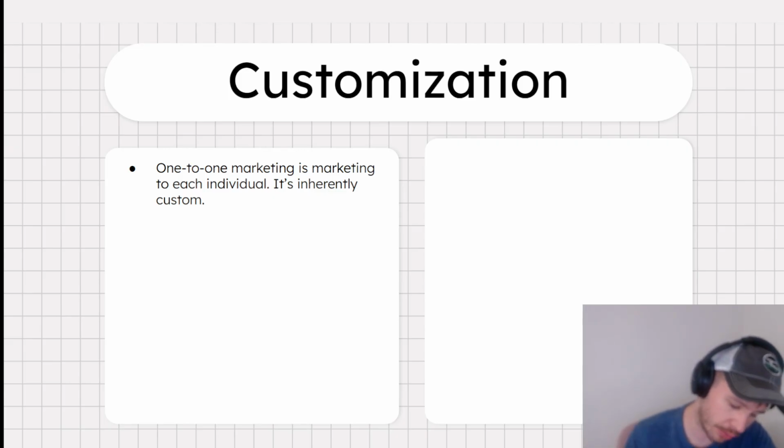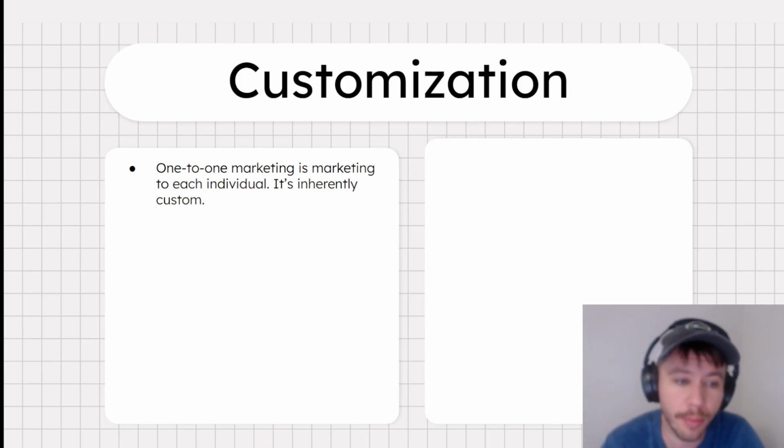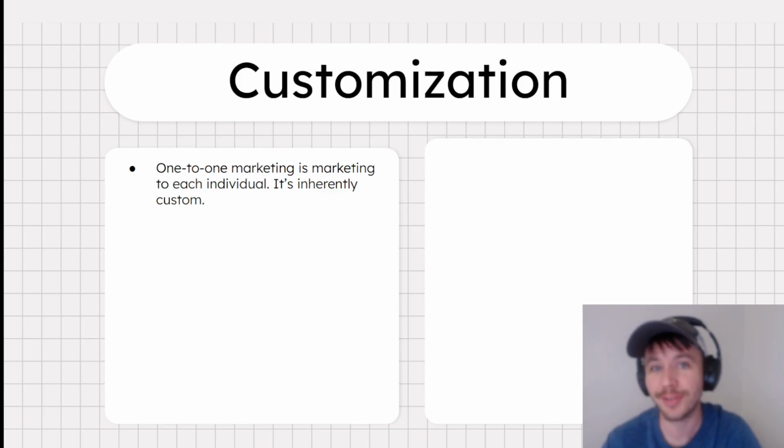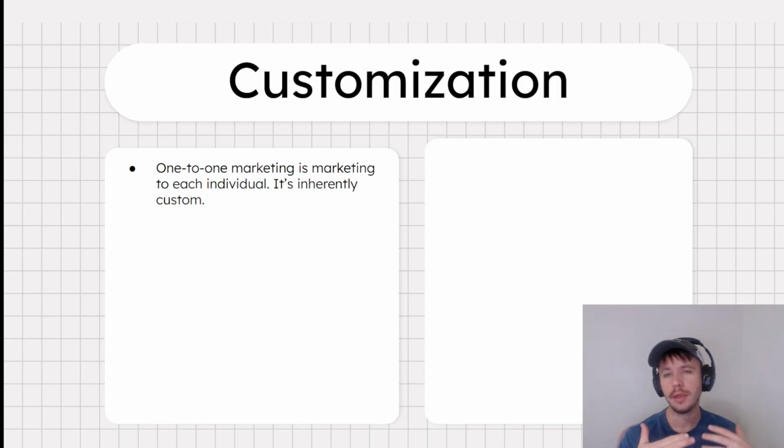Now, once we got into the Industrial Revolution, I believe Henry Ford said customers can have any color Model T they want as long as it's black. So it's this idea going into the Industrial Revolution where customization wasn't important because everybody's focused on efficiency, economies of scale, and basically throwing customization out the window.